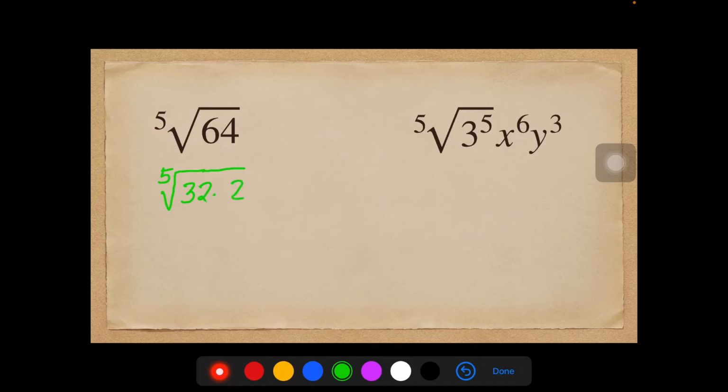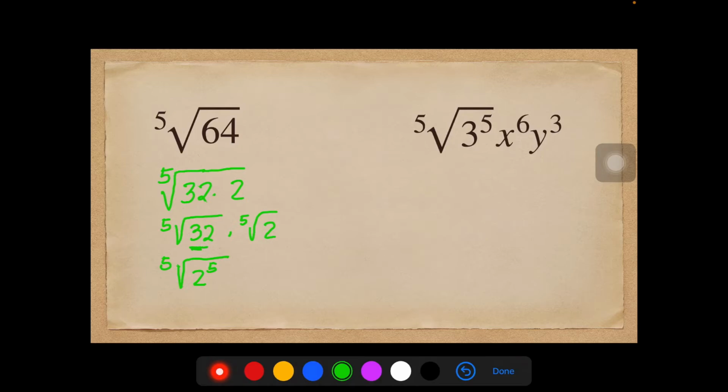Then applying the second law of radicals, we have the fifth root of 32 times the fifth root of 2. Then 32 can be expressed in exponential form as 2 to the fifth power. Can you check on that? 2 times 2 times 2 times 2 times 2 gives you 32.